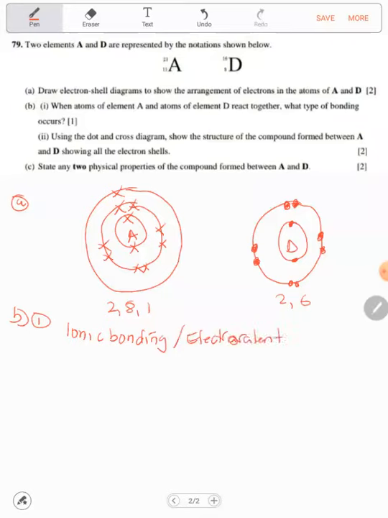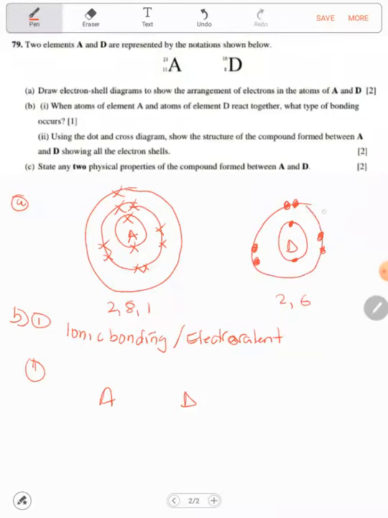All right, no problem. Then 2 says: using the dot and cross diagram, show the structure of the compound formed between A and D, showing all the electrons. This is A, this is D. To form a compound, since A is a metal, it has to lose an electron. But D needs how many electrons to have 8 electrons in the last shell? Sorry, I made a mistake here. Pardon me, it's supposed to be 6.